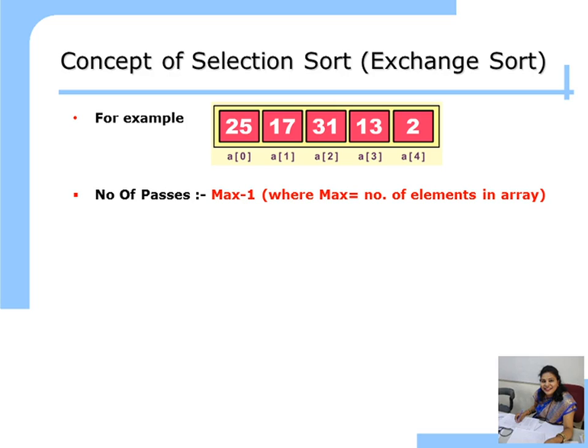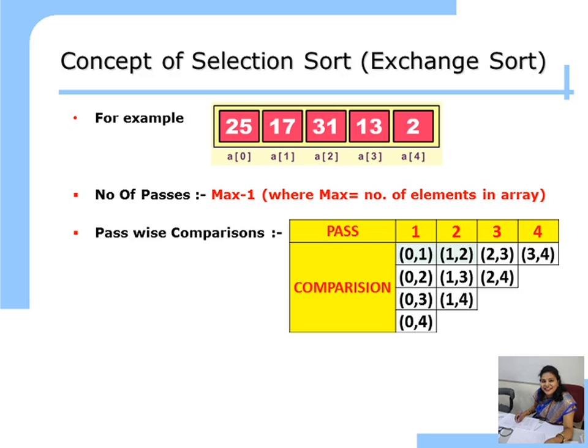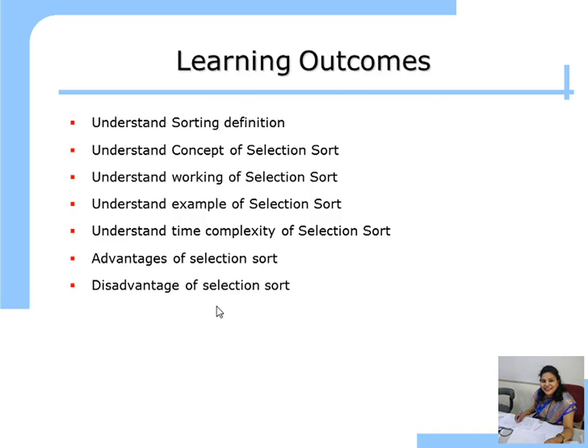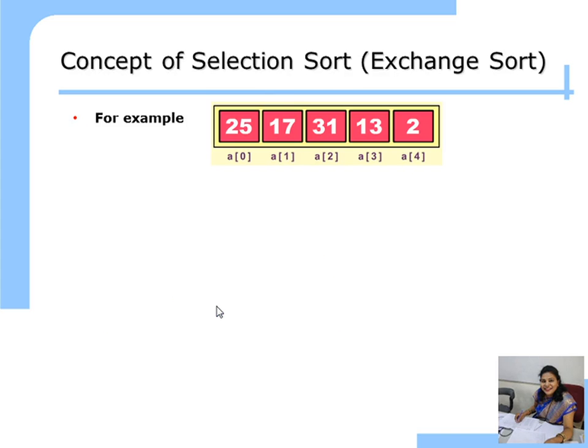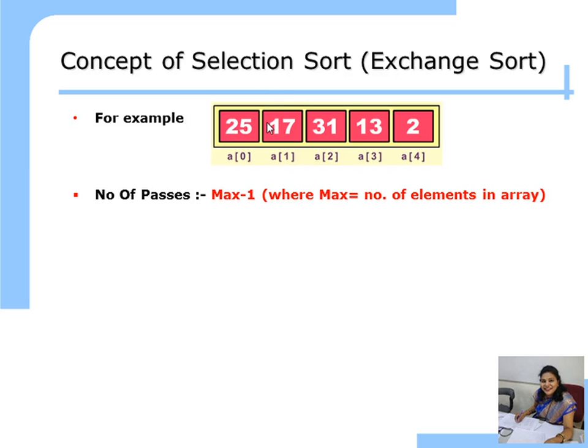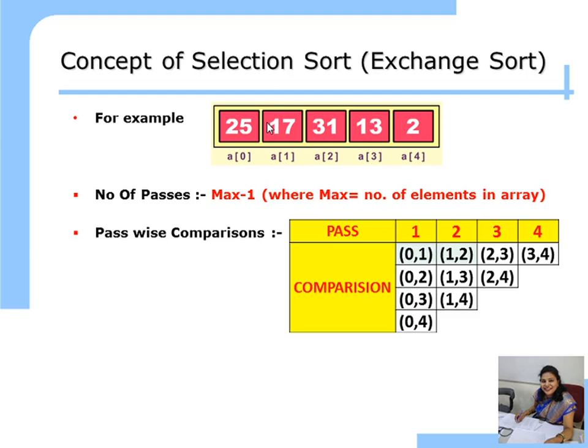Selection sort is similar to bubble sort, only the comparison positions are changed. Same as in bubble sort, for the above example, in pass 1 we require 4 comparisons, then in pass 2, 3 comparisons, in pass 3, 2 comparisons, and in pass 4, 1 comparison. See, as in bubble sort, we compare the zeroth element with the first element, with the second element, with the third element, with the fourth.